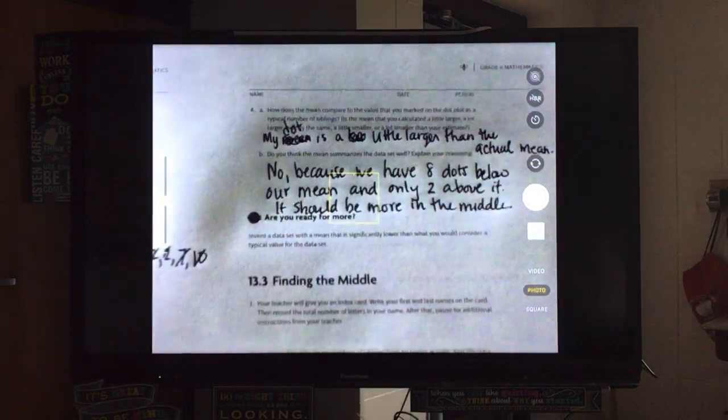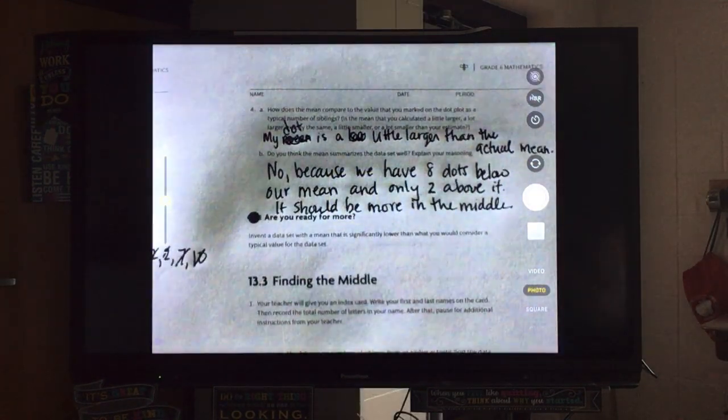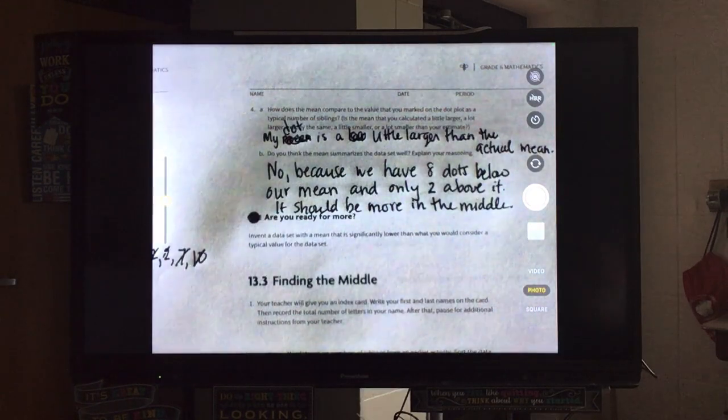So please add no because we have 8 dots below our mean and only 2 above it. It should be more in the middle. You can even add in our data or just more in the middle.